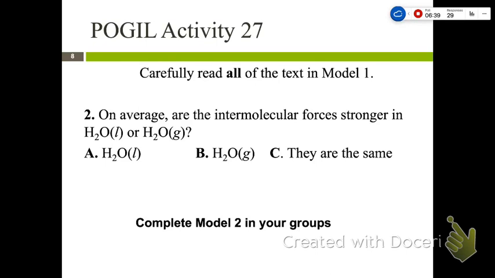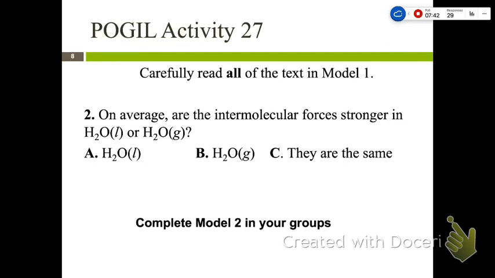Yes, just the polar only. Okay, they probably have stronger forces.